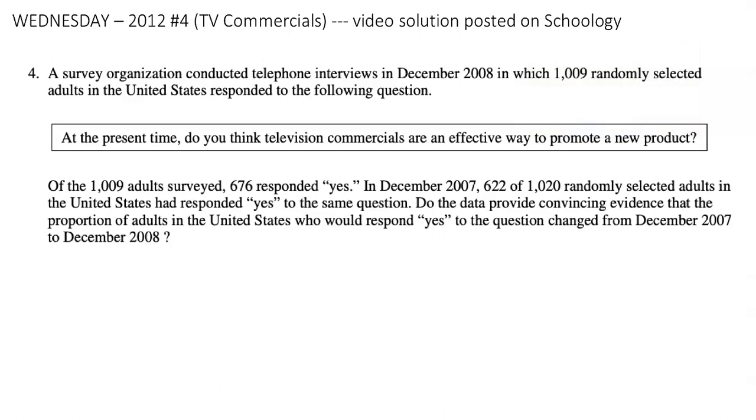Some important information. You have two separate groups. You have a sample in 2008 of 1,009 US adults. You had a sample in 2007 of 1,020. And notice that we don't have means. There are no means here. There are no standard deviations here. There's no two-way table here.